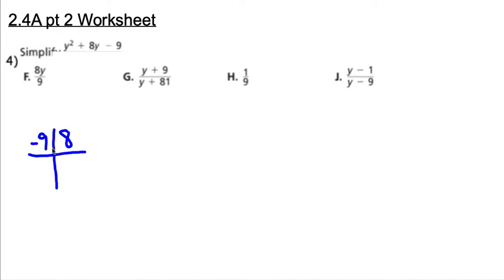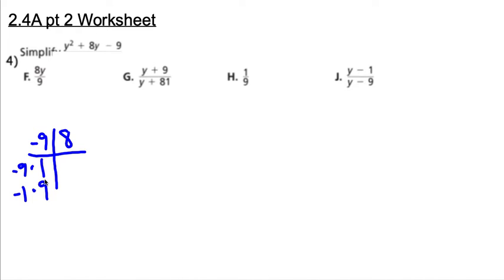So 9 has two sets of factors, 1 and 9 and 3 and 3. Now, if I'm trying to multiply to get -9, that means these numbers have to be opposite signs, so one positive and one negative. So I could either have -9 times 1 or -1 times 9, right? Both of those will multiply to give me -9.